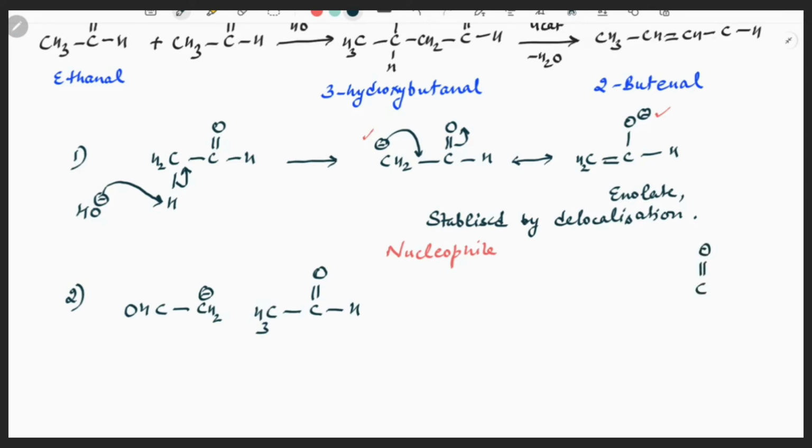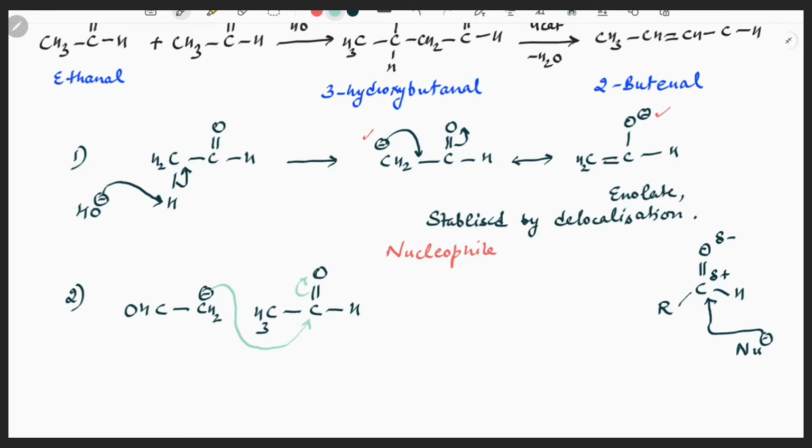In aldehydes, this carbon is positive and this is negative due to oxygen's higher electronegativity. Therefore, any nucleophile is always going to be attracted towards the carbonyl carbon. Due to this, the enolate formed in the first step is attracted towards the carbonyl carbon of the second molecule.